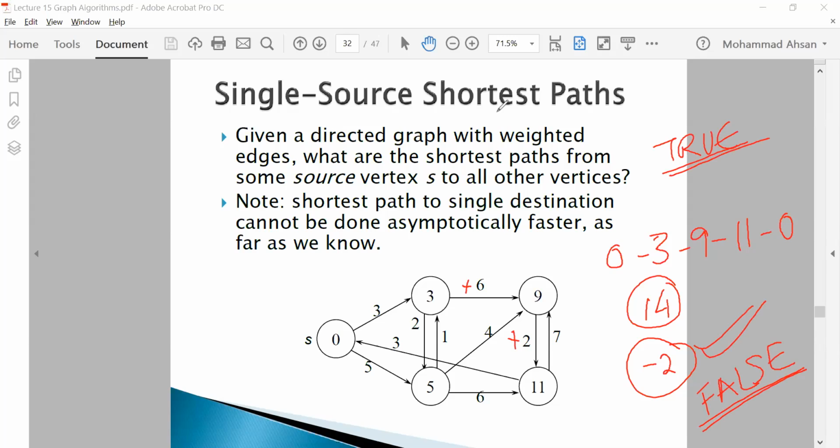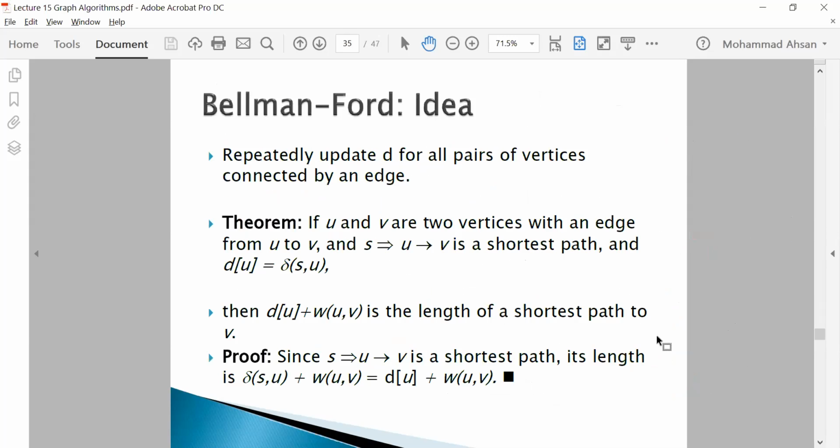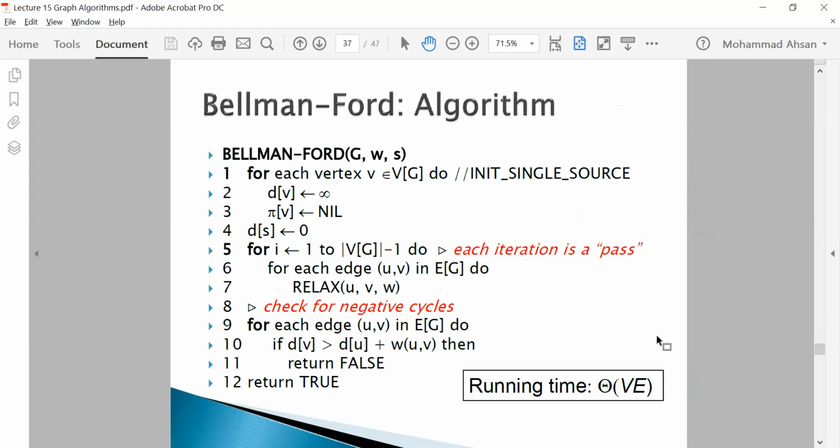Going back, in this slide you don't actually have the relax function. So the relax function goes like this: relax of u, v, and w.